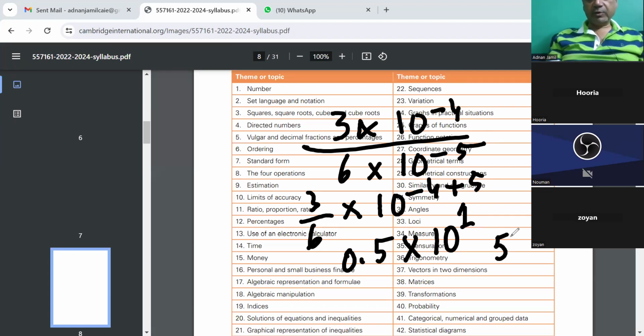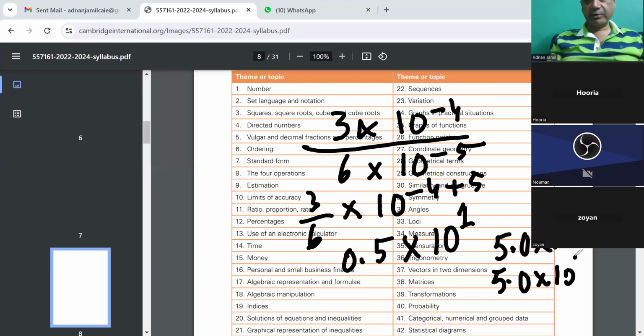So we can also write 5.0 into 10 raised to the power. Now, if we are writing down the standard form, we are increasing the number, so we have to decrease the power. And when we decrease the power, it becomes 5.0 into 10 raised to the power 0. So actually it is equal to 5.0.